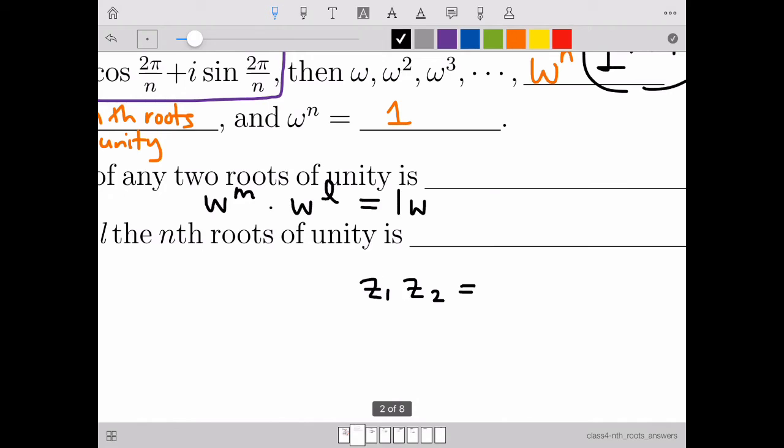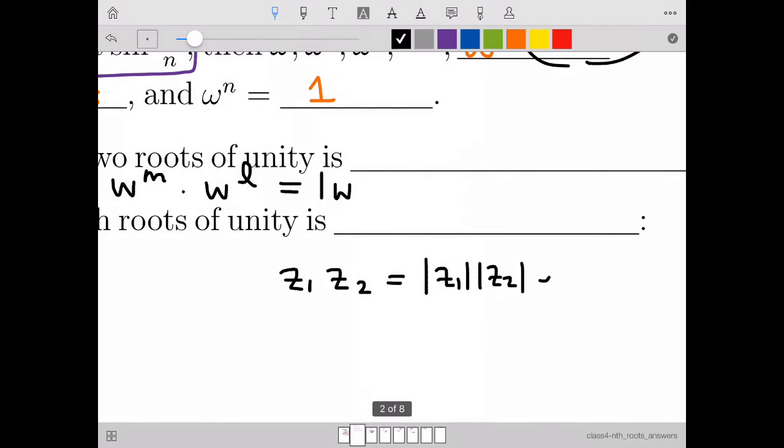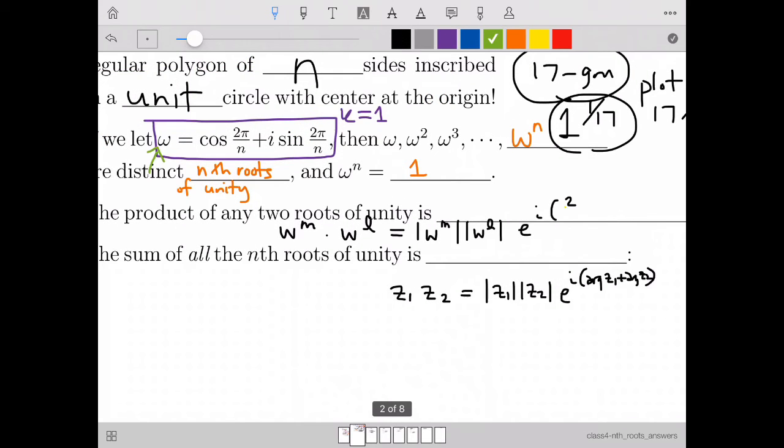We multiply the magnitudes of each, and then for the arg, we add them up. That's arg z1 plus arg z2. So it is absolute value of w^m times absolute value of w^l, and then it is e to the i. For w, that is obtained when k is 1, right?